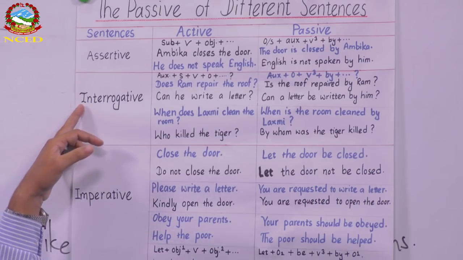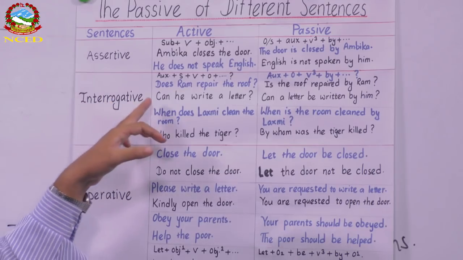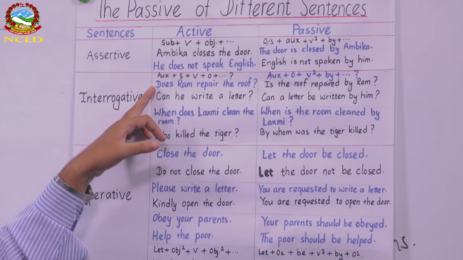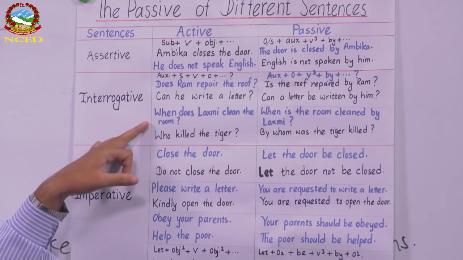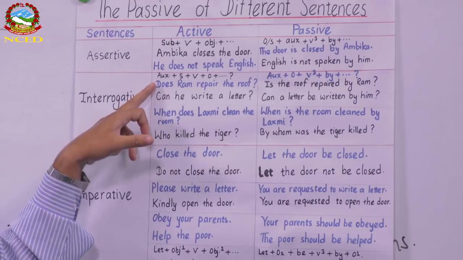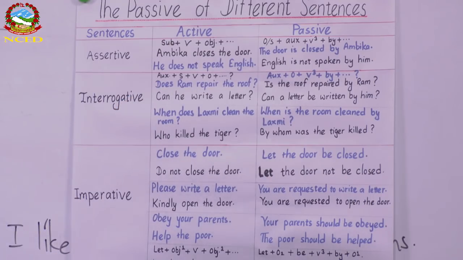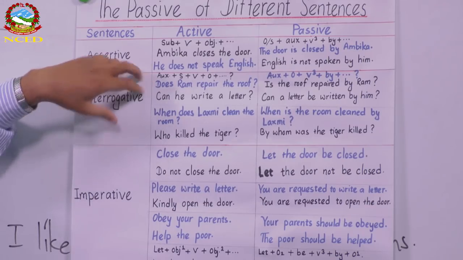Now interrogative type of sentences, questions. For questions, there are two types of questions: yes/no questions and WH questions. In yes/no questions, the question begins from auxiliary verbs. I have given two examples here, you can quickly look at this.